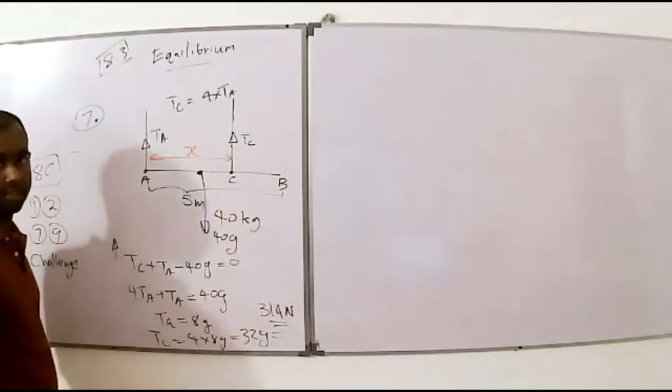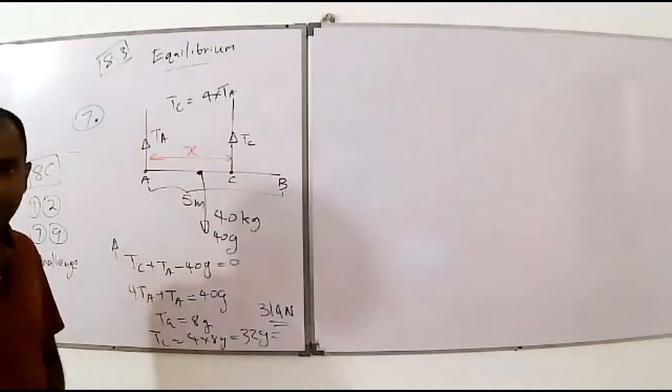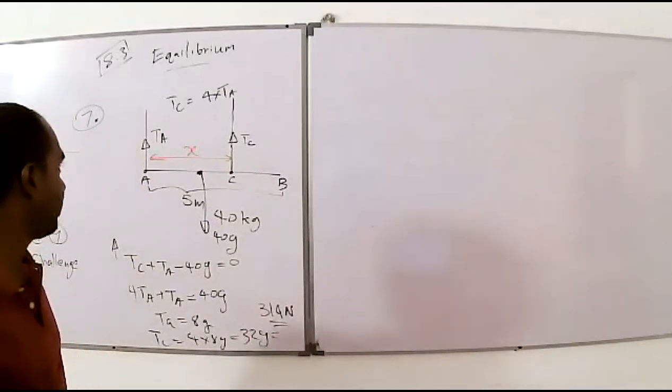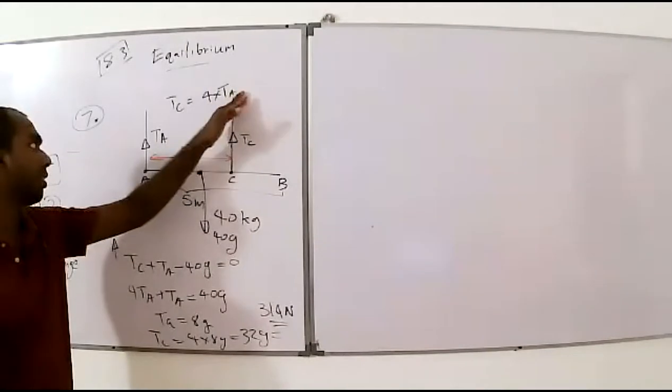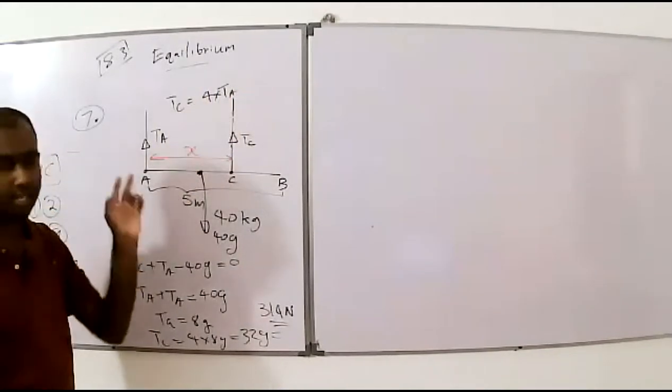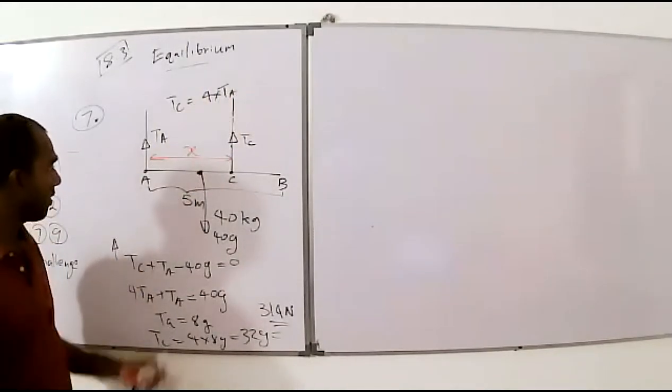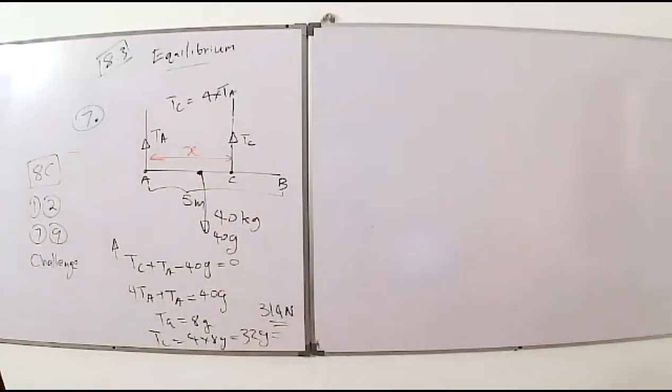If we take that distance as x, how could we find it at once? Because they have given the data that this tension is 4 times the tension at A. Now how can we calculate the distance CB? They are asking for the distance CB.